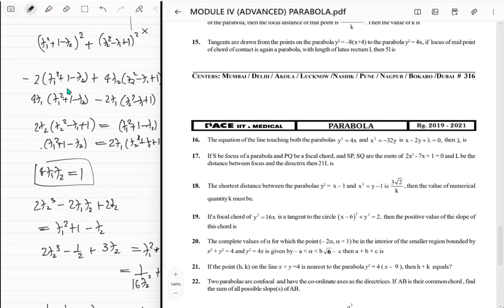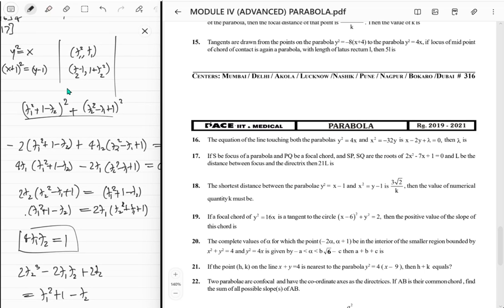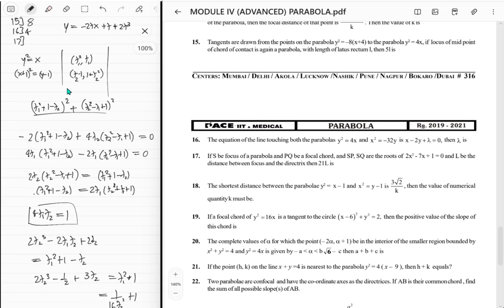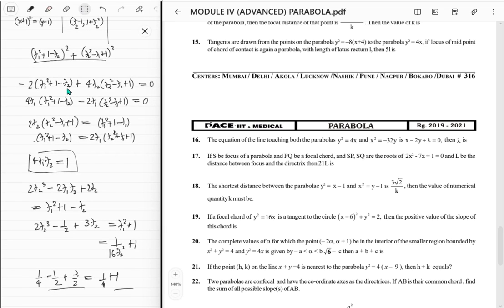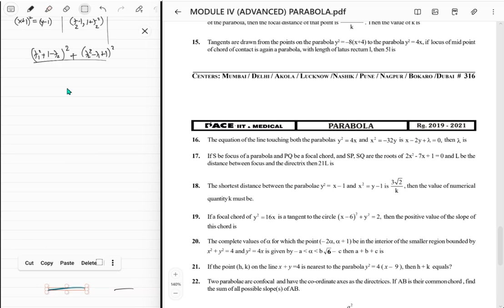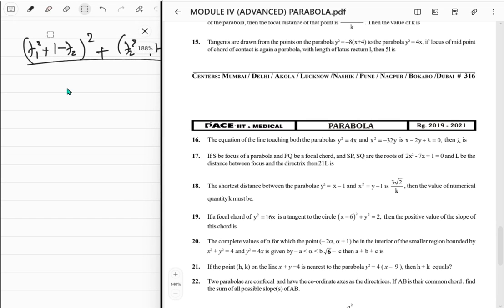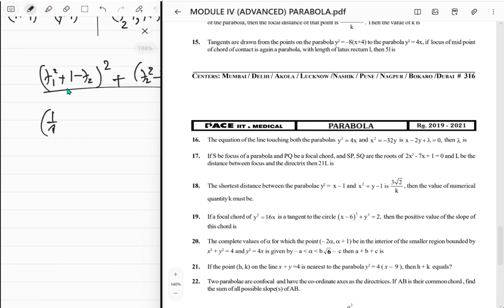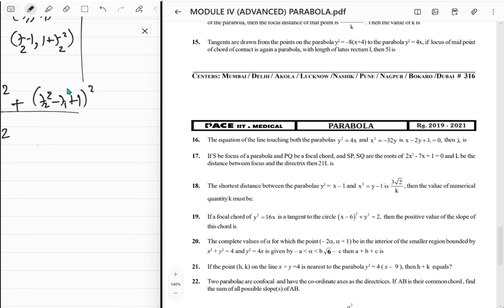That means now we can figure out what this distance is. But we have to guess. That's not good. We can't be guessing all the time. What if they give us something that's not solvable? Anyway, 1 upon 2, 1 upon 2 is the solution. So 1 upon 4 plus 1 minus 1 upon 2, this guy squared, and 1 upon 4 minus 1 upon 2 plus 1, this guy squared.